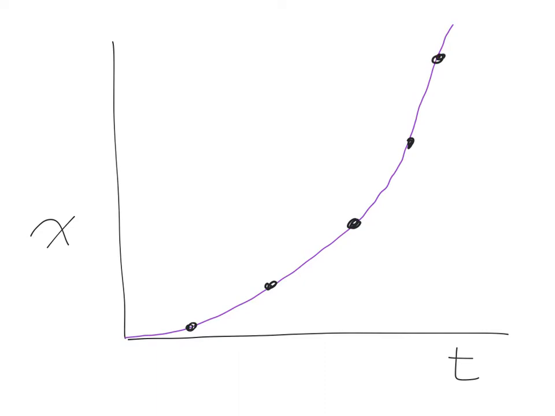If I were to draw a tangent line at each of these 5 points, I can look at the slopes of those tangent lines to try and figure out at that instant what the velocity is doing. So I'm not going to do any numbers yet. I'm just going to look qualitatively to see what these slopes are doing.